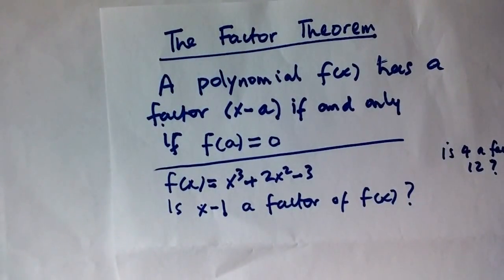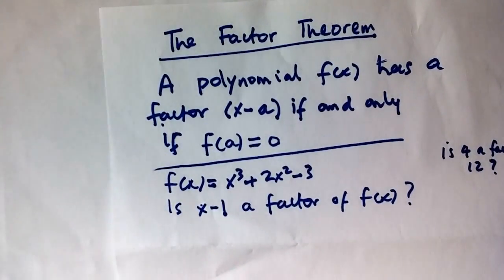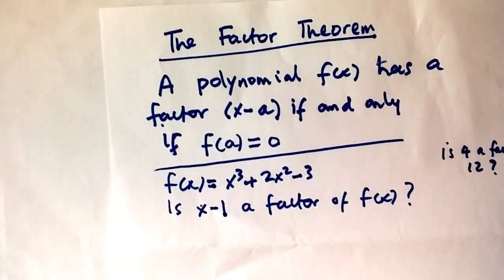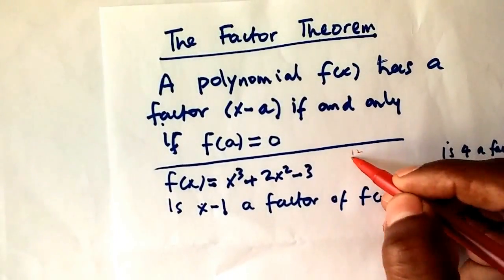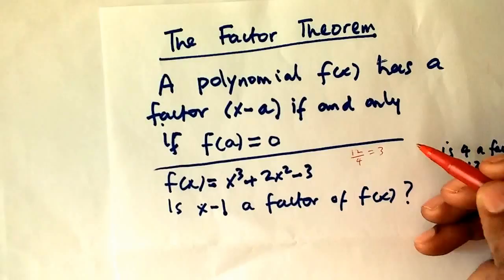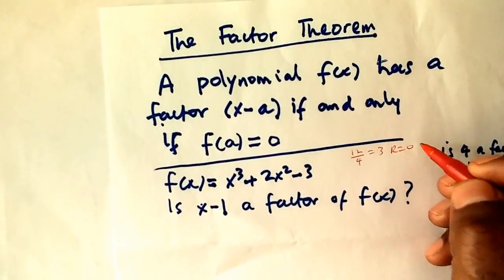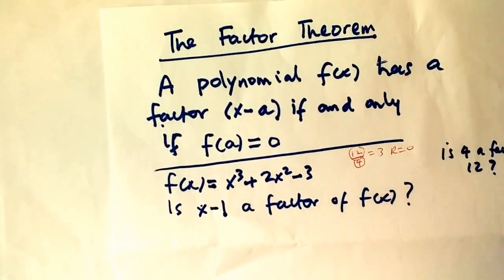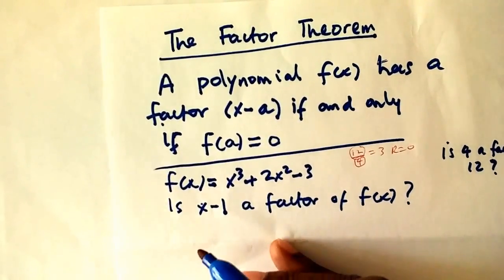So how would I find out if 4 is a factor of 12? Well, I can divide 12 by 4 and see if there's a remainder or not. 12 divided by 4 is 3, and there's no remainder. Remainder equals 0. That means 4 is a factor of 12. It's the same thing that we're doing over here.